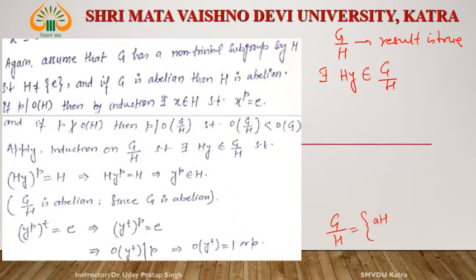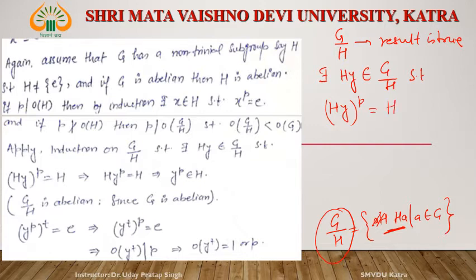Either aH or Ha, a left coset or right coset, such that a belongs to G. Since the result is true for G/H, whose order is less than the order of G, there exists Hy belonging to G/H such that (Hy)^p is equal to H.